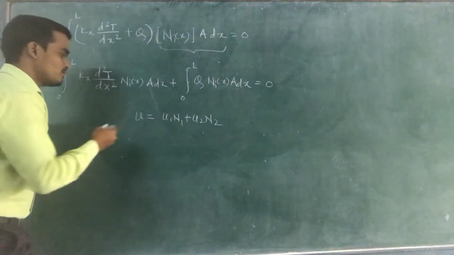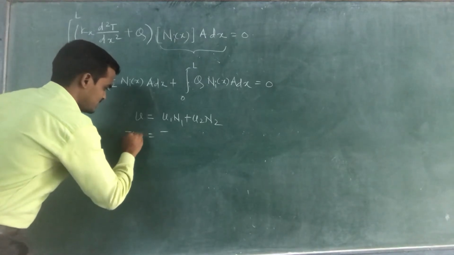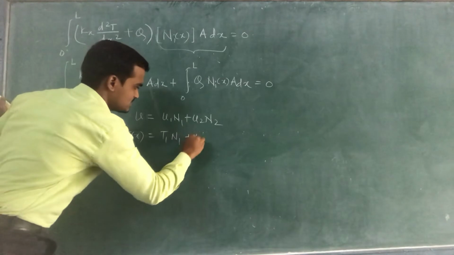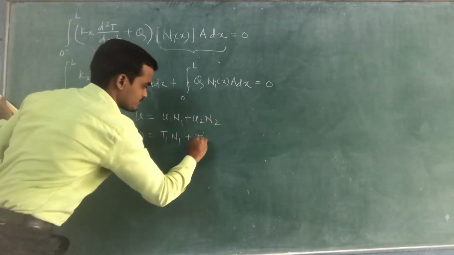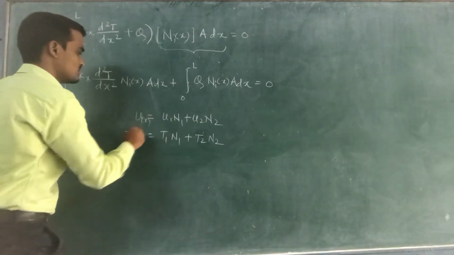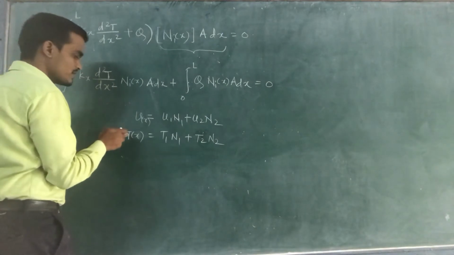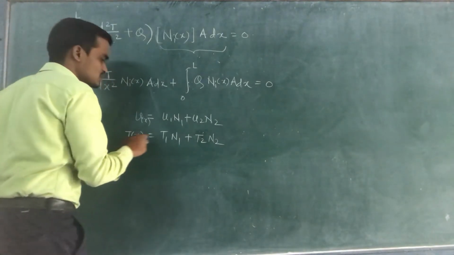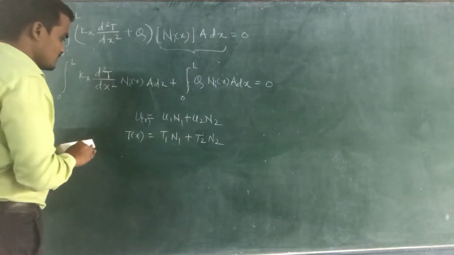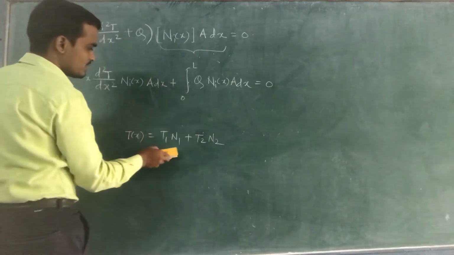In a similar way, we can write the temperature distribution as T of x is equal to T1 N1 plus T2 N2, because we have studied this in the first unit.